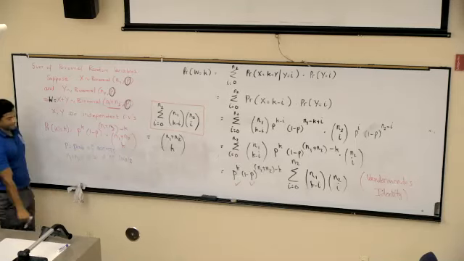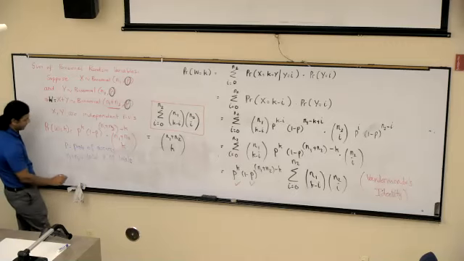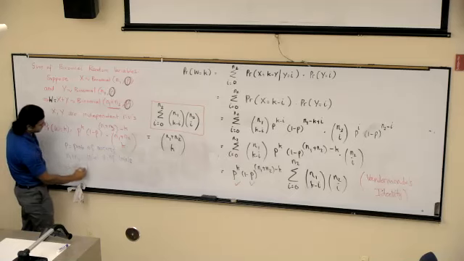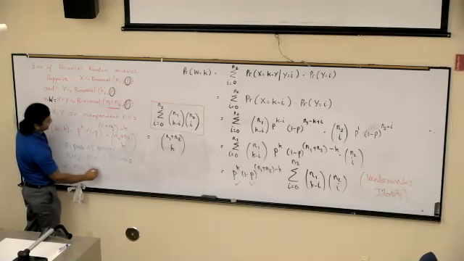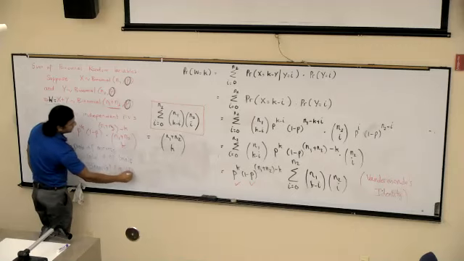And the trials are independent of each other because we've already concluded that X and Y are independent variables. So this would mean that W is binomial N1 plus N2, comma P.